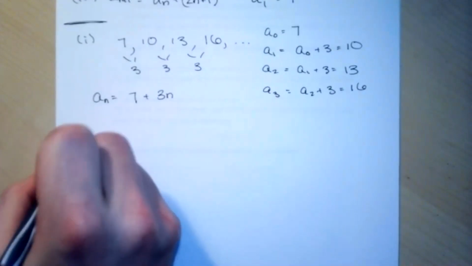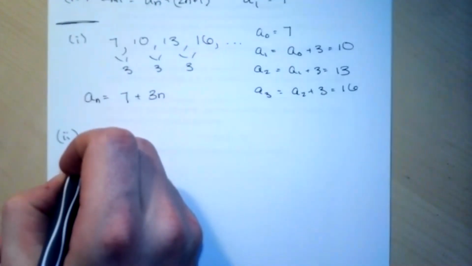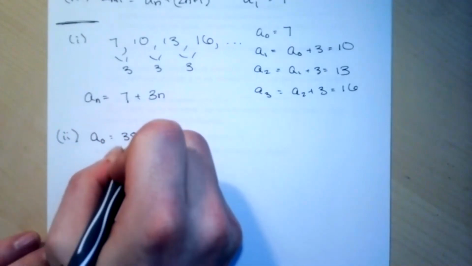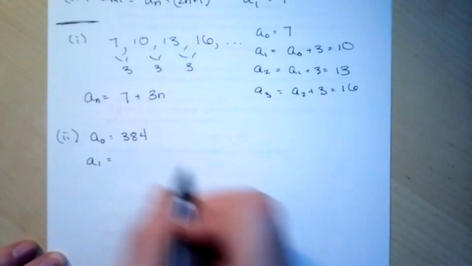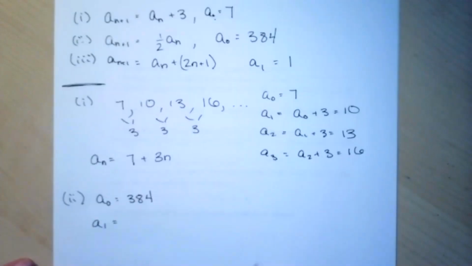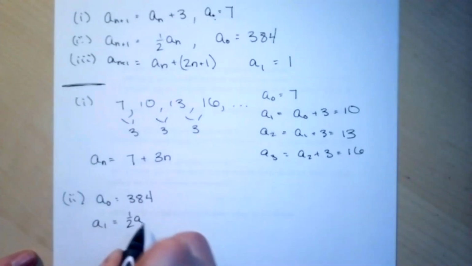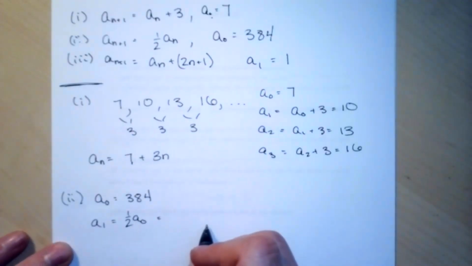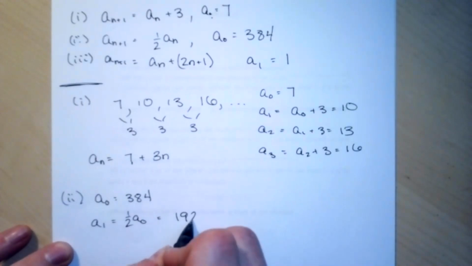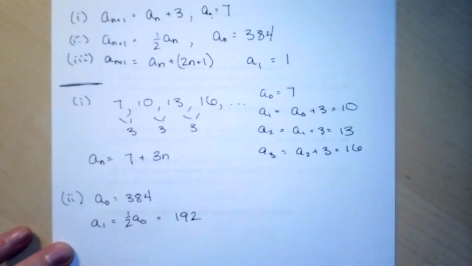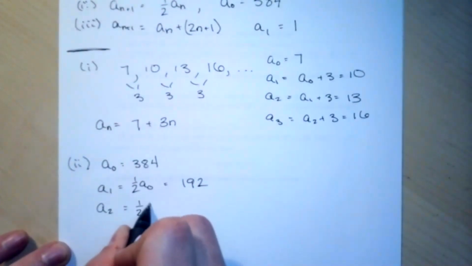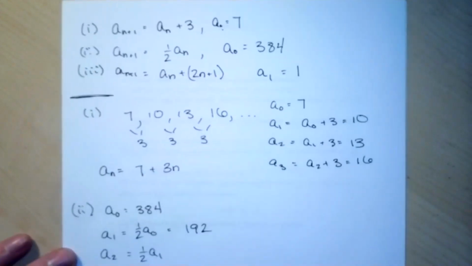For number 2, what do we have going on? Our a_0 was 384. a_1, the formula says, is going to be a half of a_0. So that's going to be 192. a_2 is going to be half of a_1 by the recursion formula.